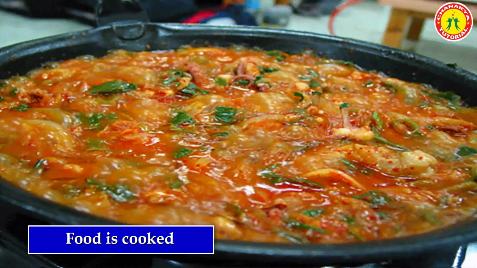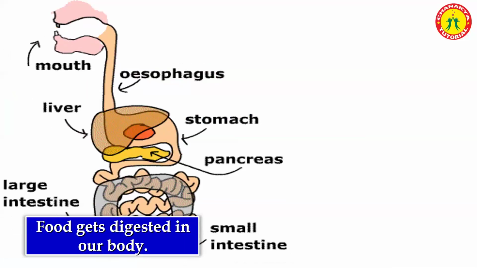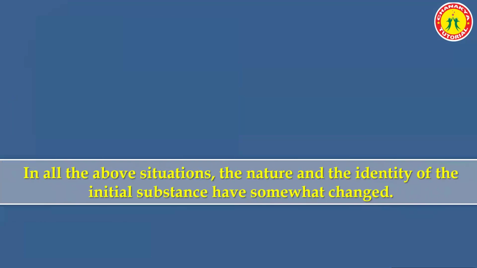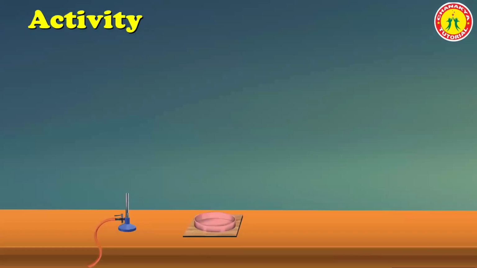We cook food at home, and there is the process of digestion that happens in our body every day, and the process of respiration. What are all these? Here, the initial substance has changed. That is, a chemical change has occurred.